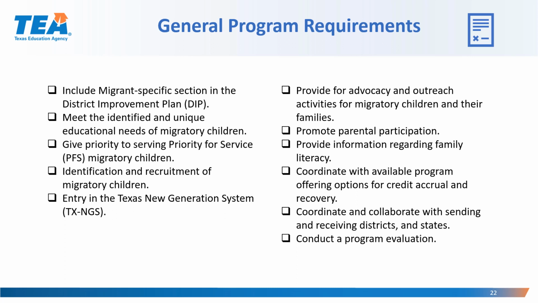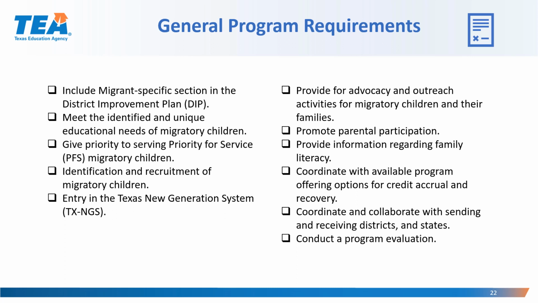Give priority for service to migratory children. Identification and recruitment of migratory children is also a very essential requirement. Entry into the Texas New Generation System, TX-NGS. Providing for advocacy and outreach activities for migratory children and their families.